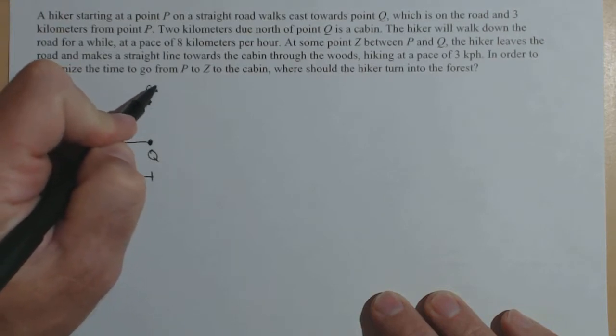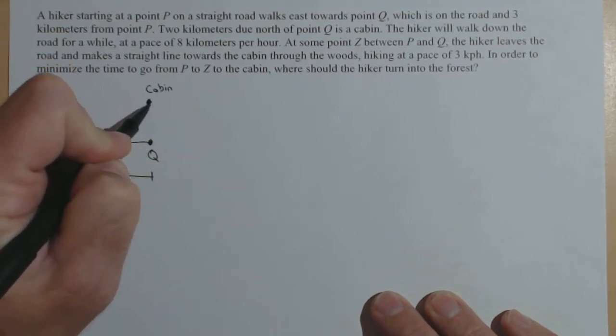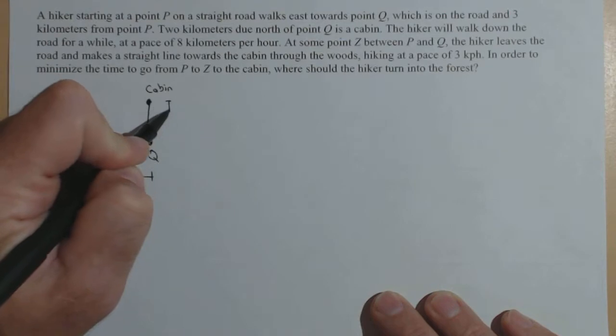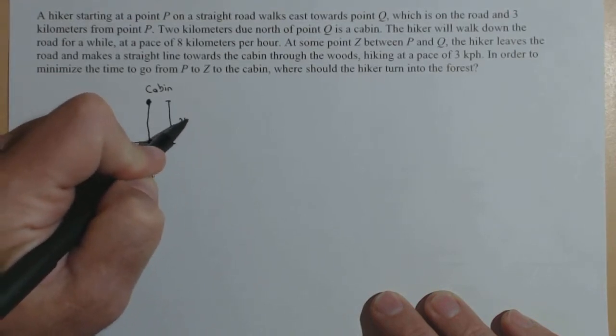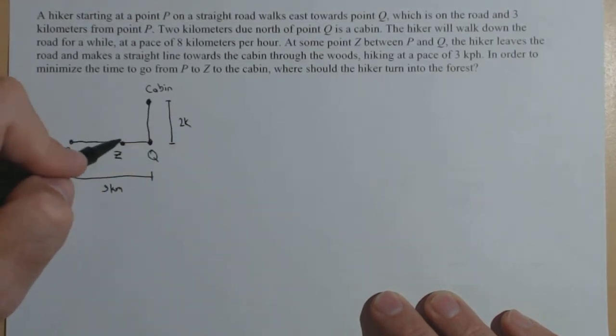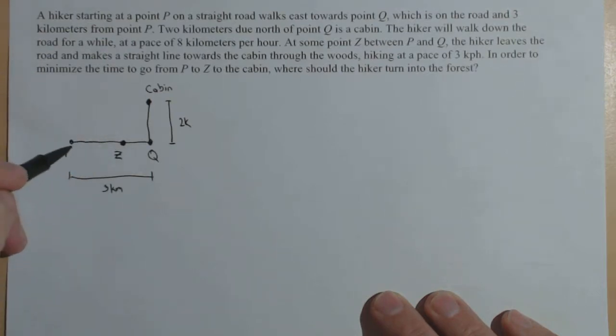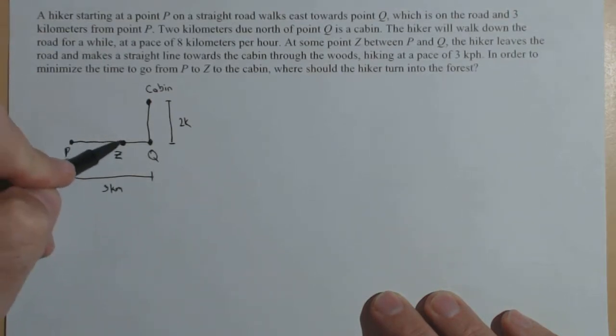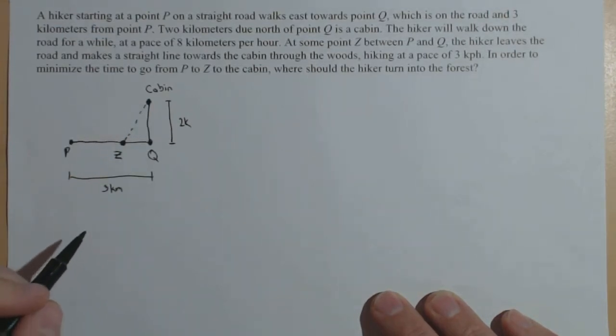So there's our cabin, and this here is 2 kilometers. So the hiker's going to go from P to Z and then Z to the cabin. So that's going to be his hike through the woods.